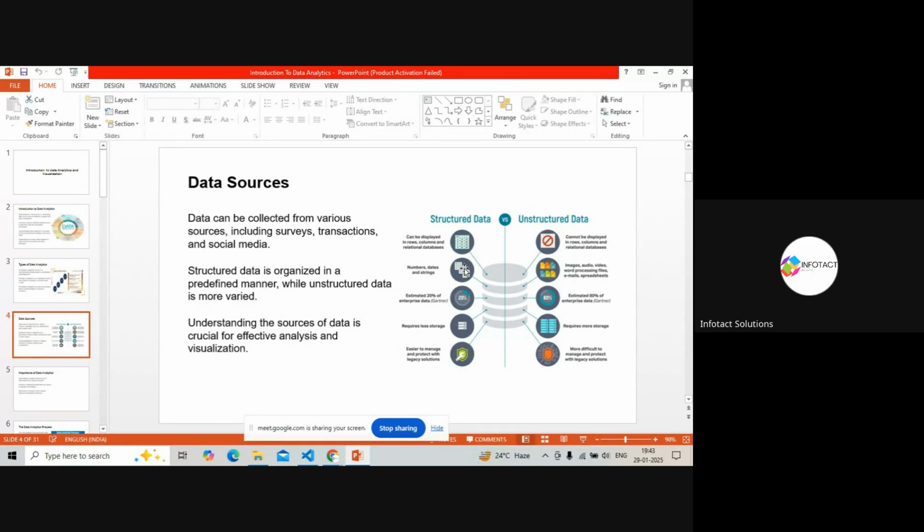So when it comes to preparing and shaping data, you perform the EDA job, exploratory data analytics. Yes, guys, am I audible? Yes, sir.